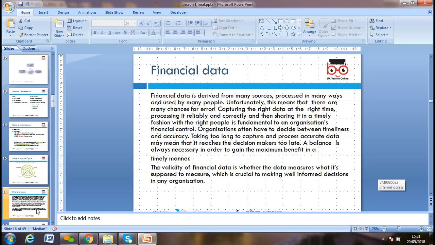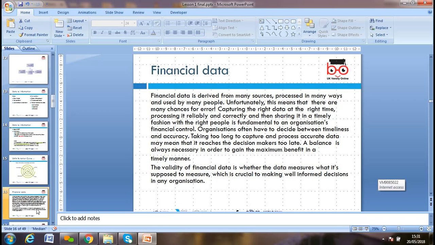Organizations often have to decide between timeliness and accuracy. Taking too long to capture and process accurate data may mean that it reaches the decision maker too late. So a balance is always necessary in order to gain the maximum benefit in a timely manner.